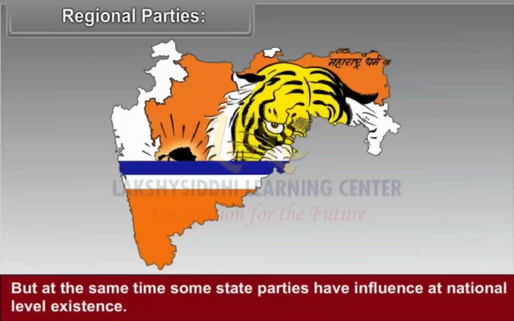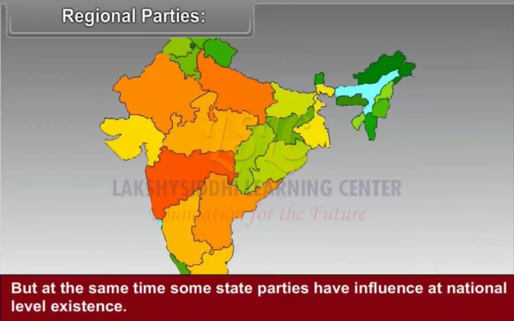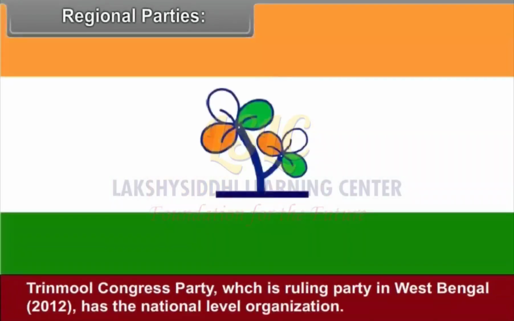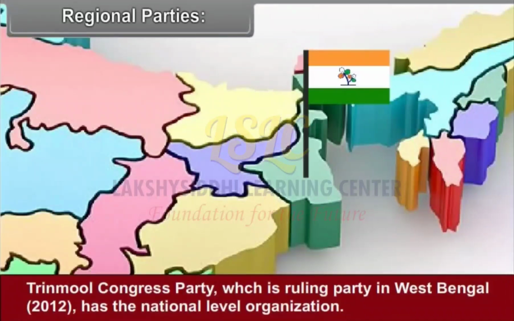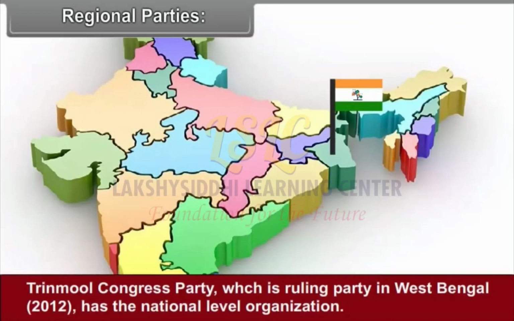But at the same time, some state parties have influence at national level existence. Trinamool Congress Party, which is a ruling party in West Bengal, that is in 2012, has the national level organization.